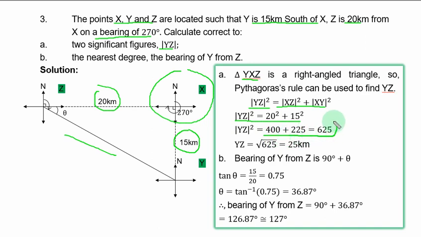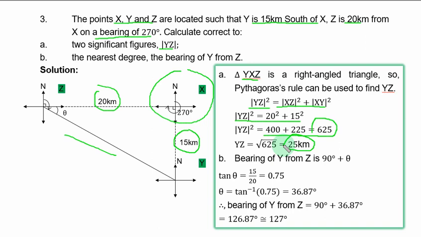If you add, you have 625. To get YZ, you take the square root of both sides, and YZ is 25 kilometers.